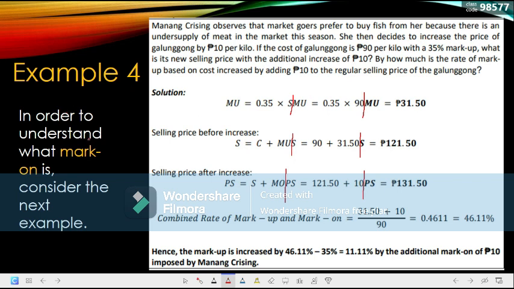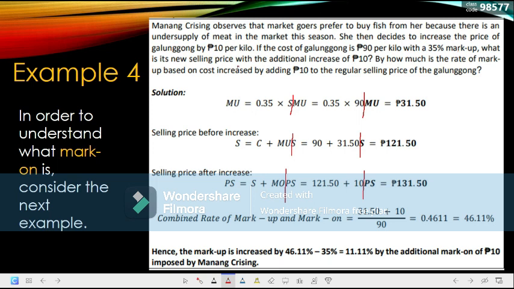So in order to understand what mark on is, let's consider this example. So the markup is given to be 35%. If the cost of galunggong is 90 pesos per kilo with a 35% markup, what is its new selling price?